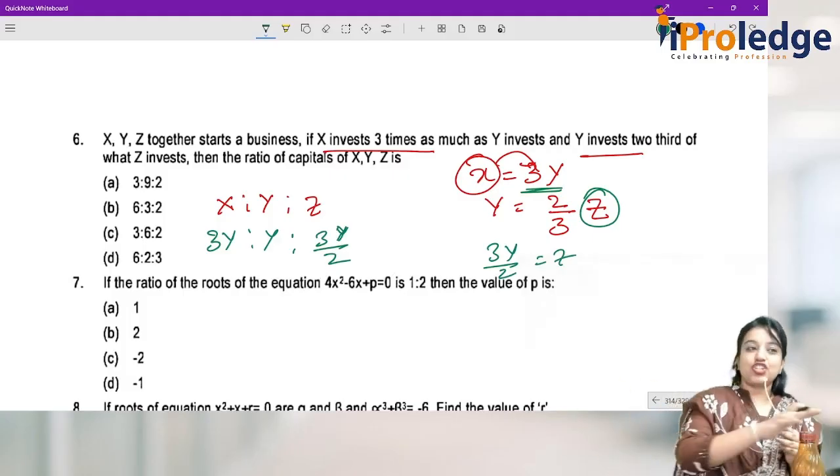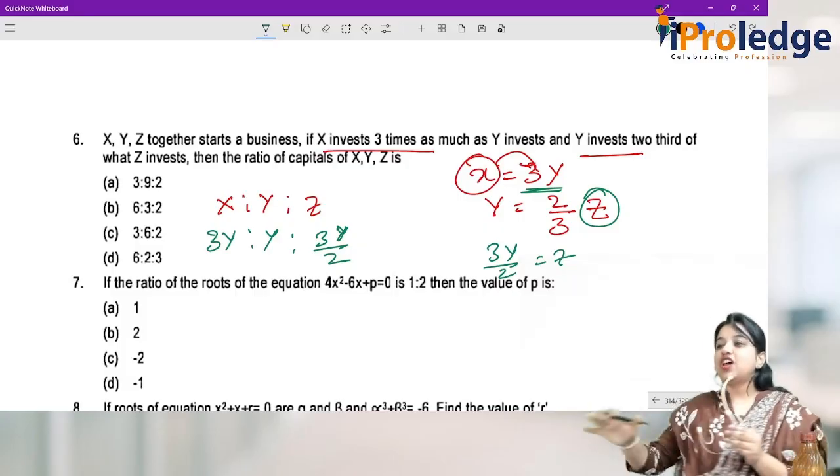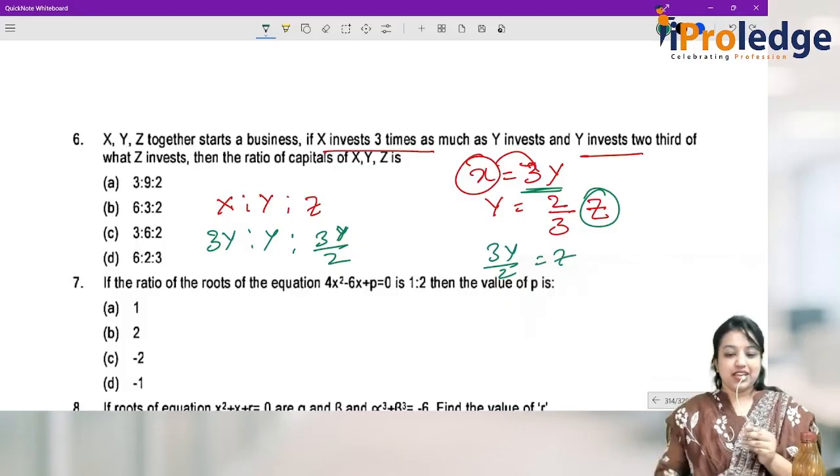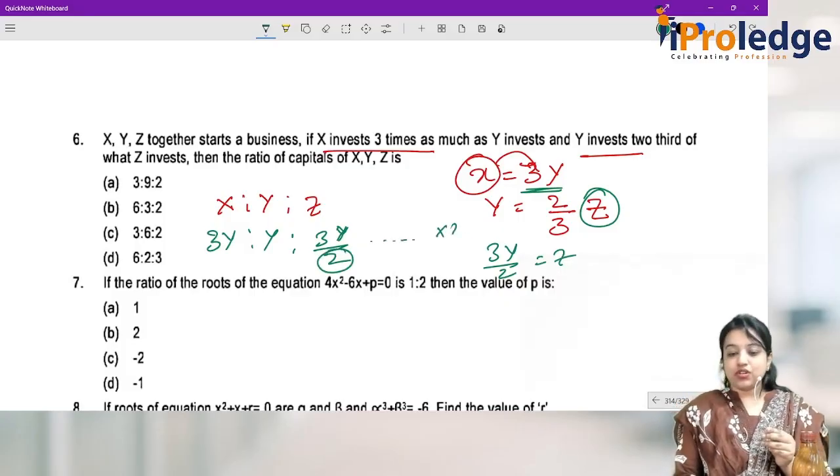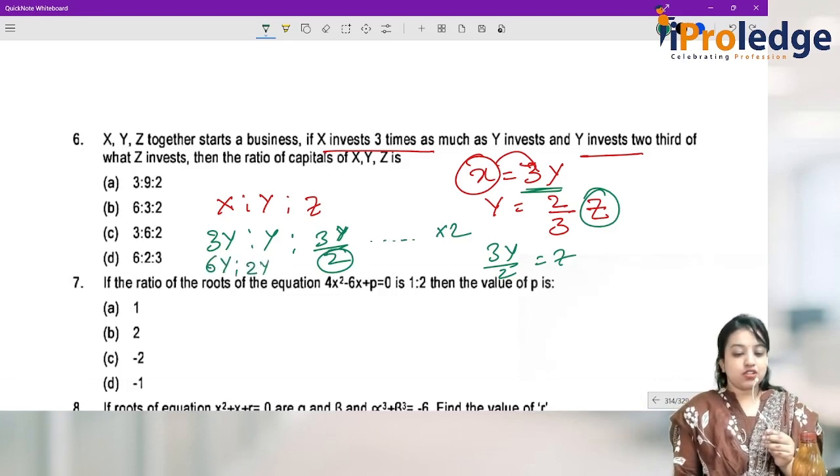Either keep it as x, or as y, or as z. Now the denominator has 2, multiply 3 twos are 6y, y is 2y, 3y. It is 6 is to 2 is to 3.